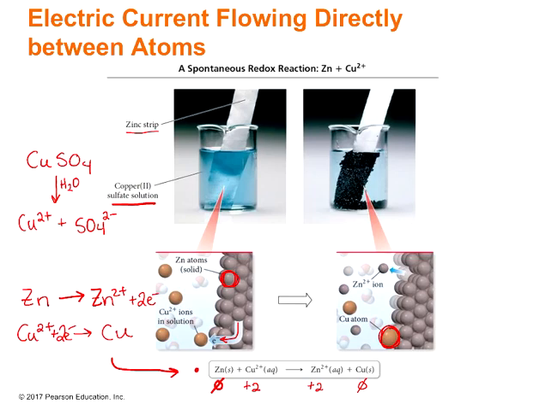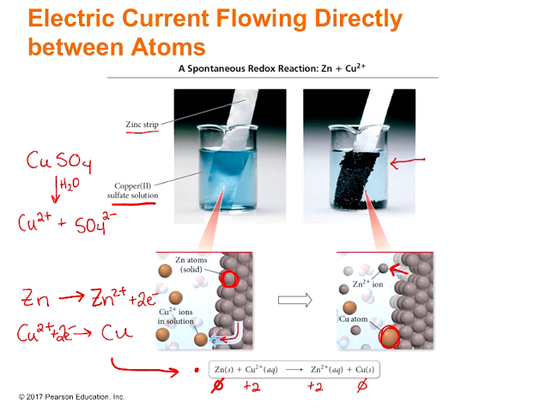Now the zinc, because it's lost 2 electrons, is actually going to leave the surface of the metal and end up as ions in solution. So up above, you can see that there's some sort of black deposit on top of the zinc, and that is the pure copper. All right.